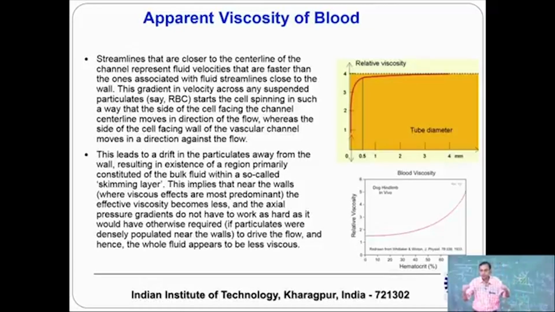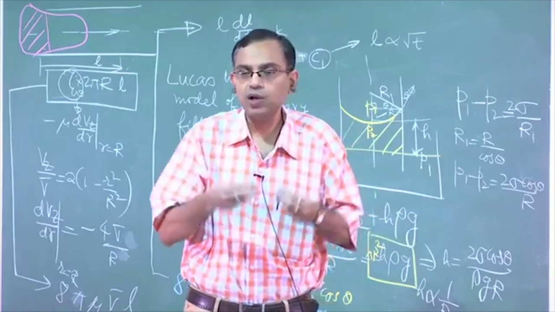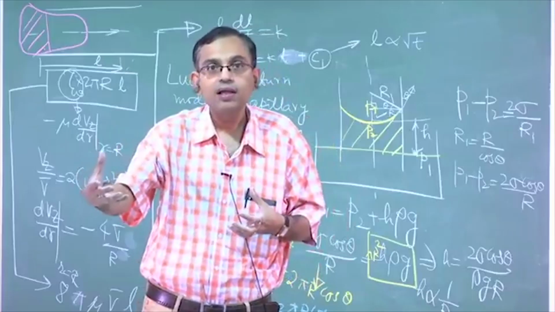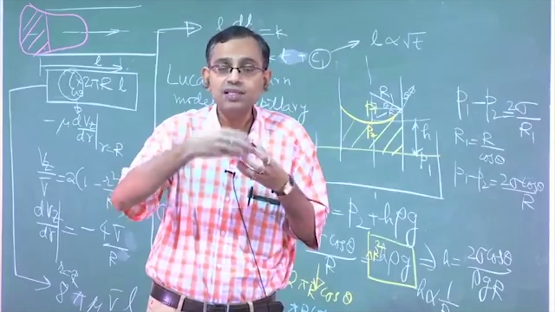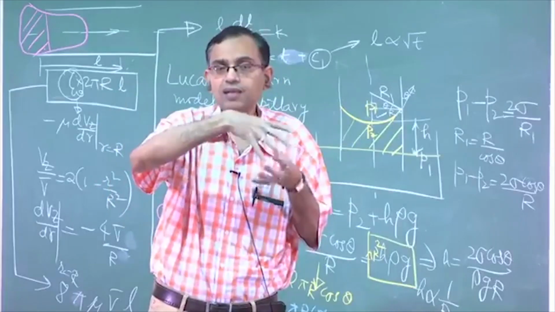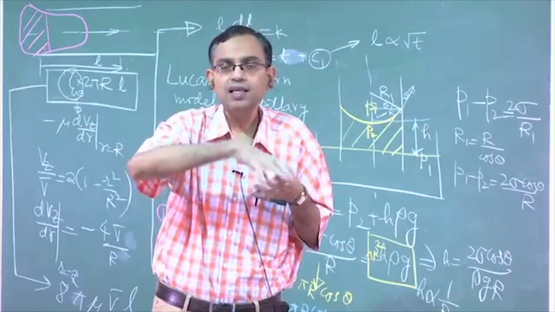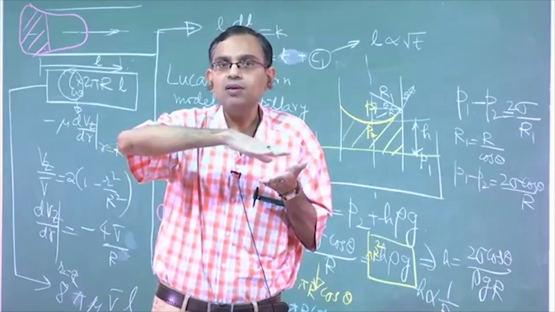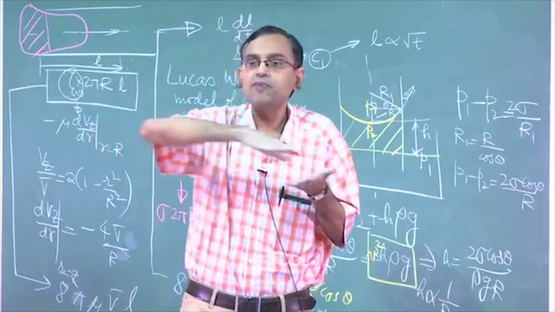In a very small channel, how blood can remarkably flow by surface tension is because of two things. One is that if the channel is very narrow, then surface tension drives the blood flow in a remarkable way. The second is that if the channel is very narrow, the viscous effects also become less. And the viscous effects become less because at the wall the red blood cells form a cell free layer.